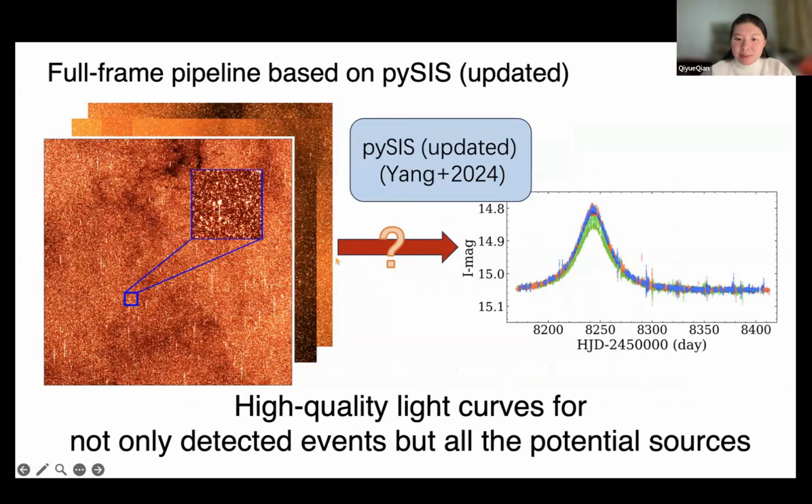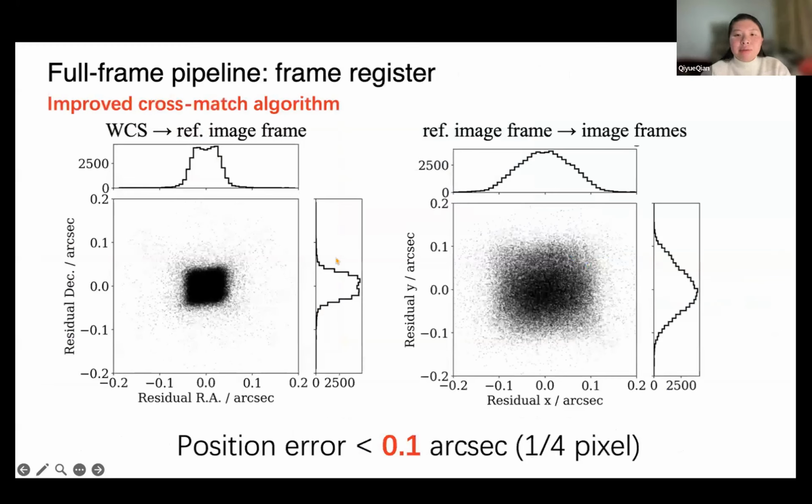And this pipeline will not only process the detected events, but all the potential sources. So the first step of the full-frame photometry pipeline is to register the frames because the precision of photometry center will influence the sensitivity.